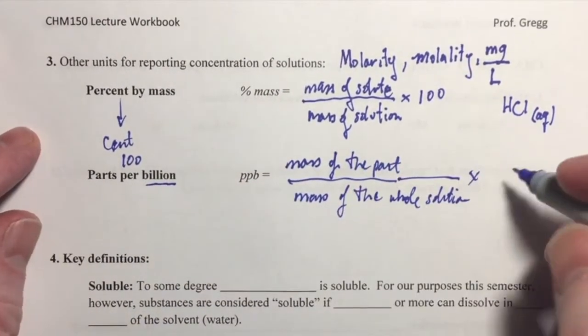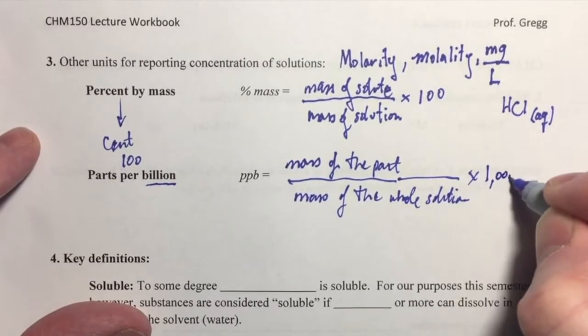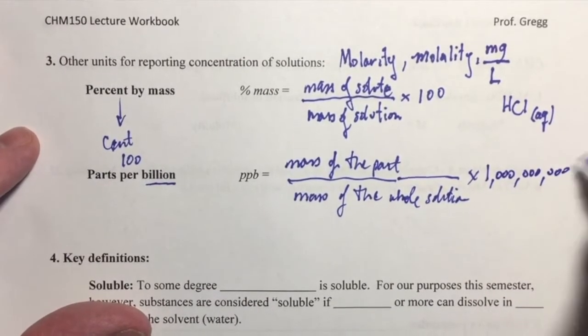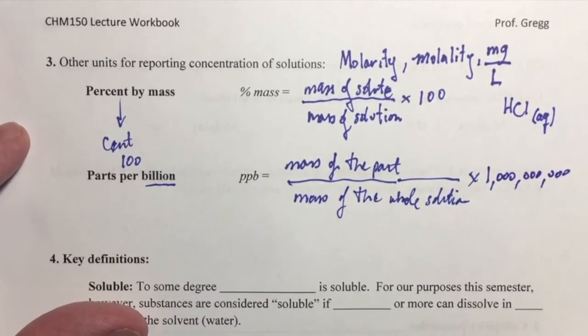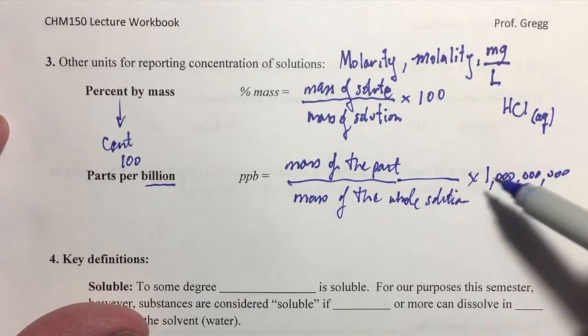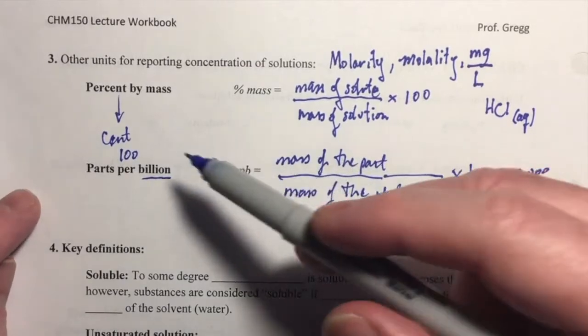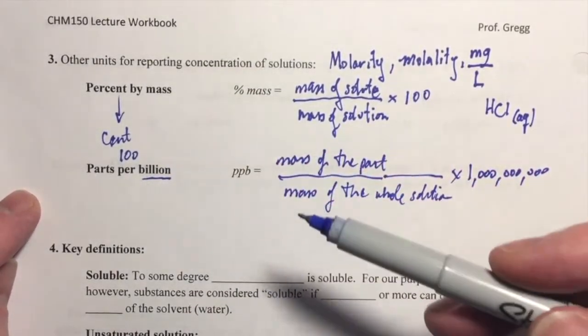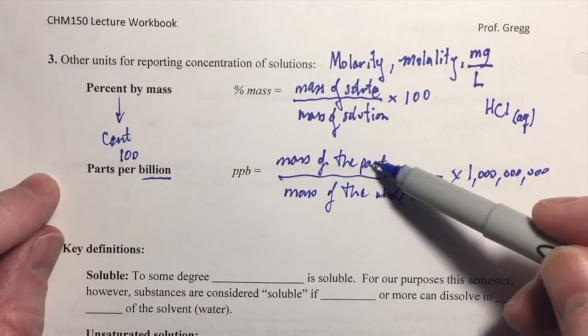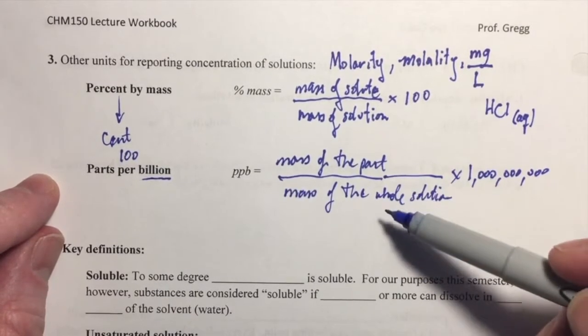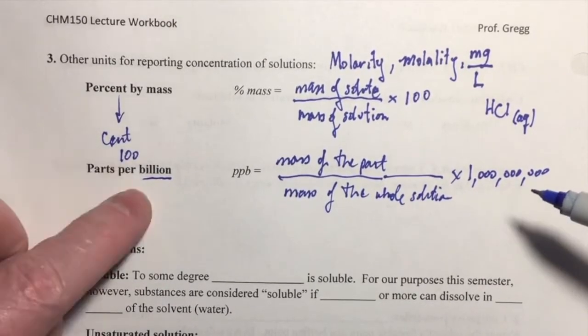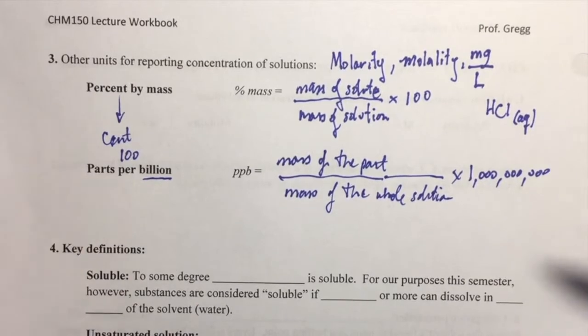If it's a parts per billion in this case, times a billion. There we go. You can see part over whole times the number. So again, exactly the same format as calculating a percent, only instead of the part over the whole times 100, it's the part over the whole times whatever number that you're using there.